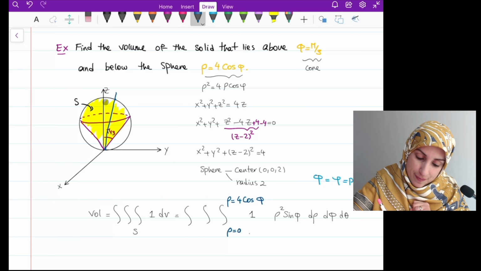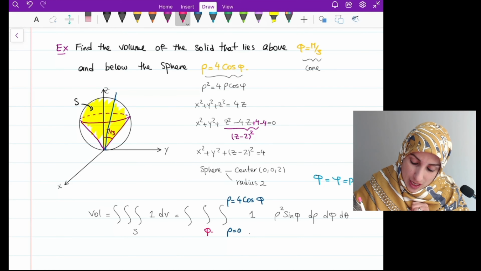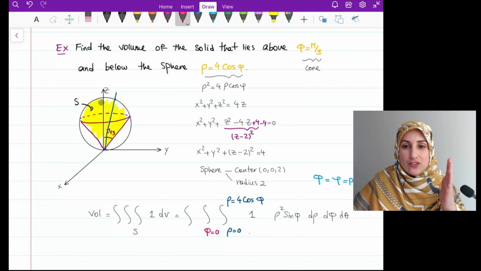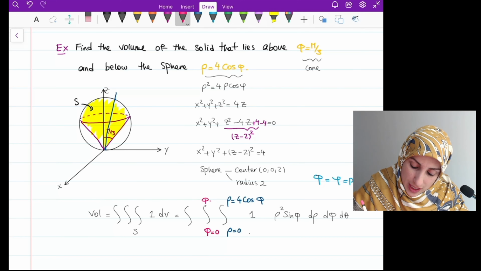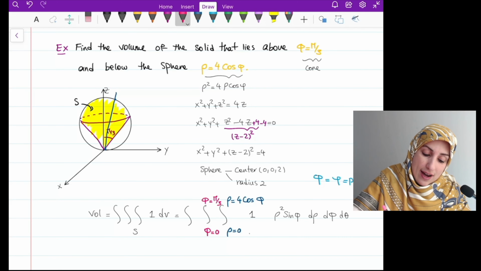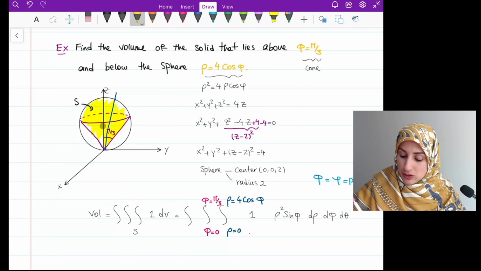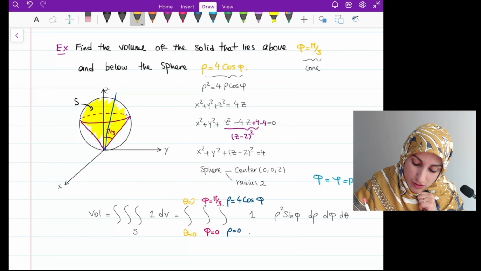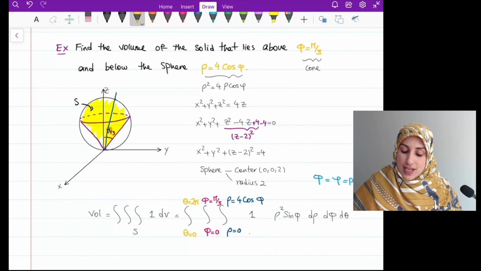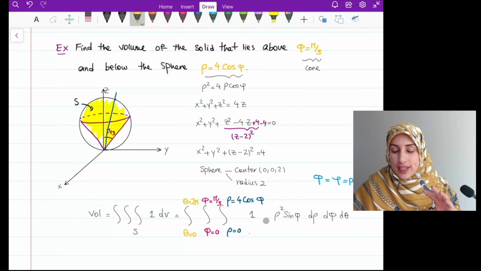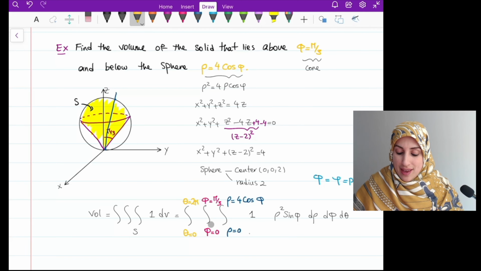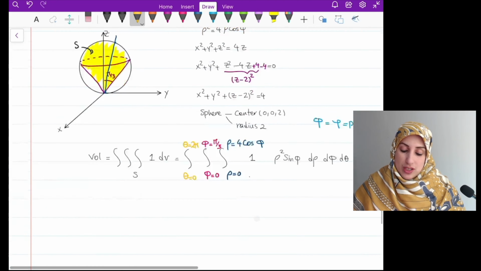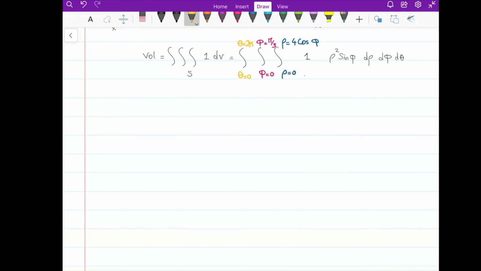So phi would be from 0, on the positive z-axis, and then it goes up to the equation of the cone, so phi equals pi over 3. How about theta? Theta is from 0 to 2 pi to make it round, to get the full solid. Perfect. Now I have set up the bounds in spherical coordinates, the volume element, and the integrand, which is also 1.